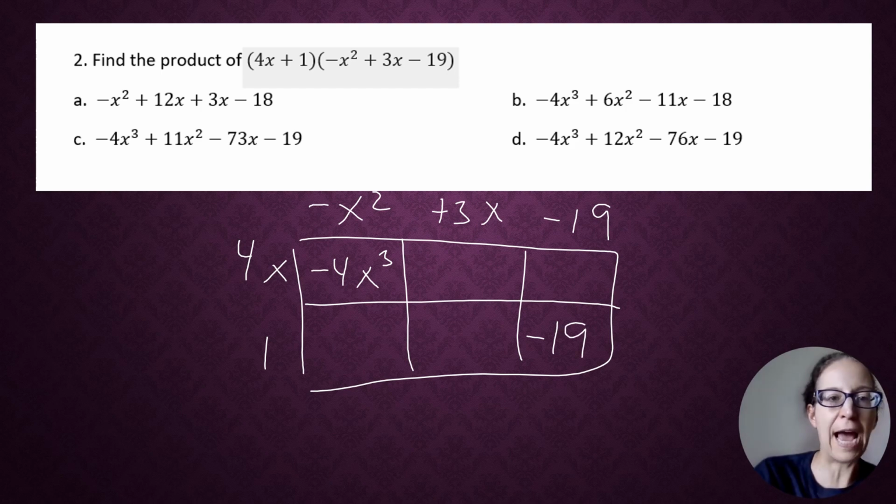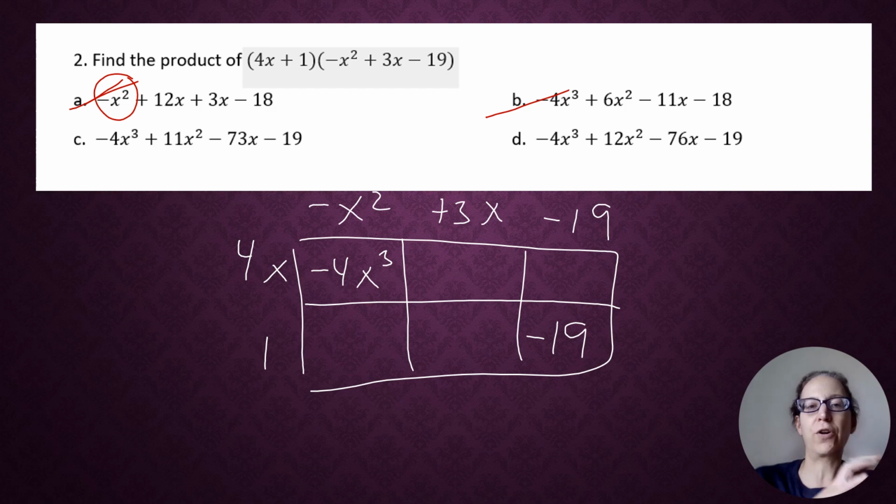Based off of that, I am not picking A or B, because A does not have the correct leading term, and B does not have the correct constant term at the end. Because I know how the area model works, those have to match. If I'm really running out of time, I'm not going to pick those two.